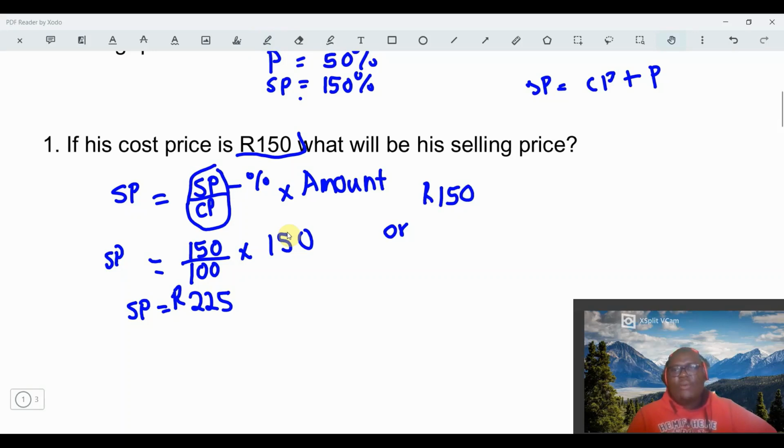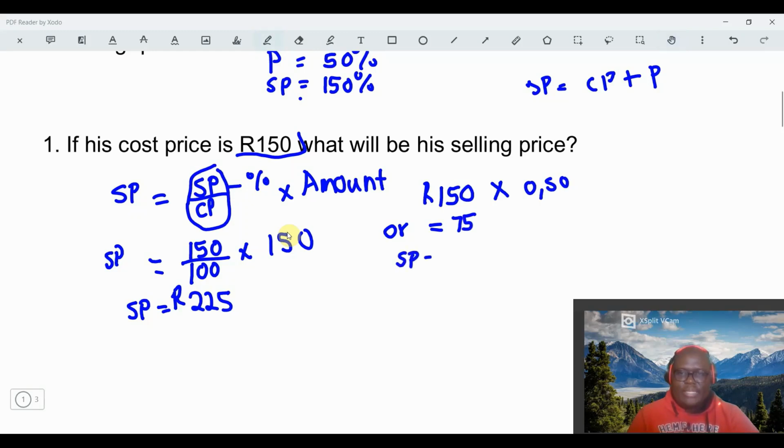So you take this 150, remember it is your cost price, and they're saying that we have to include the 50% profit. So you can just multiply by 50 over 100. I think that's 0.50, right? And then your answer becomes 150 times 0.50 is 75 rand. And then from there, you take your cost price.